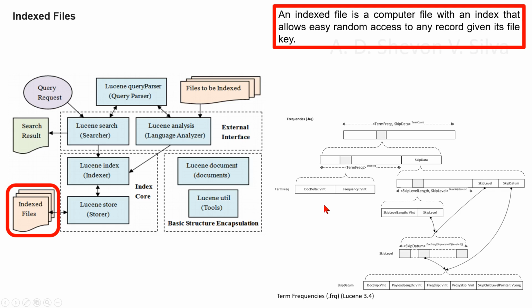Then shift left by 1, and the real frequency equals 3 follows. So we get the sequence: doc delta equals 15, doc delta equals 8, freq 3, namely the sequence 15, 8, 3.